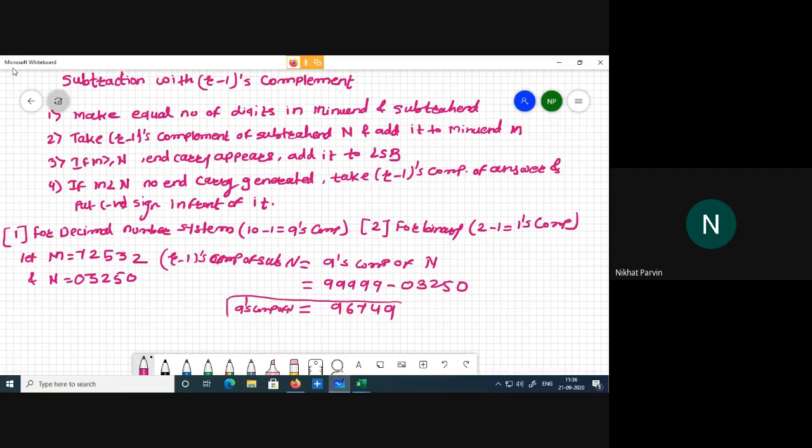Now we need to add this r minus 1's complement, nothing but the 9's complement of the subtrahend, to the actual number given. The number is given as 72532, and the 9's complement over here I can write as 96749. We need to add these two.